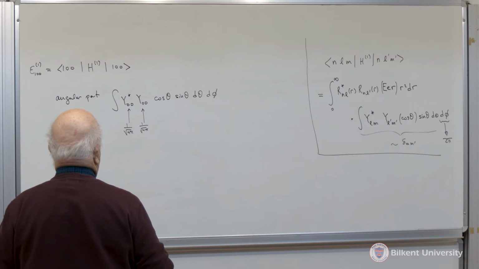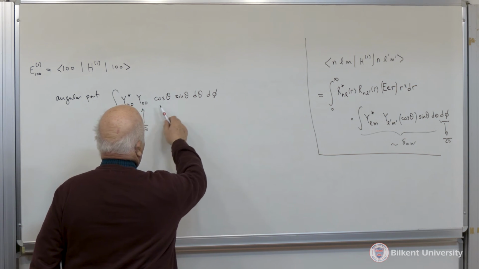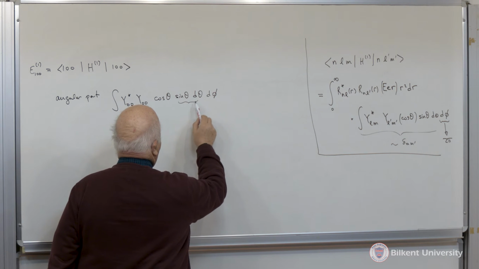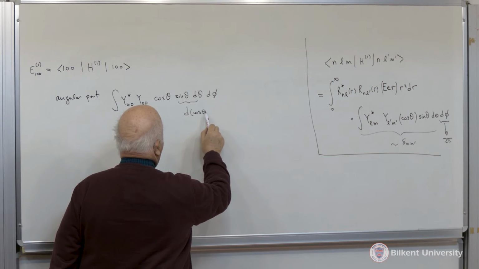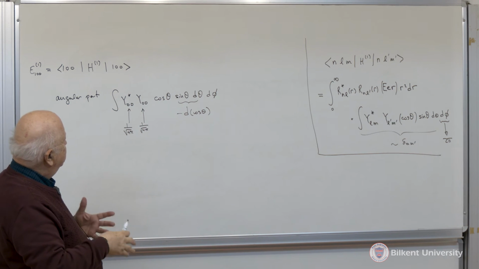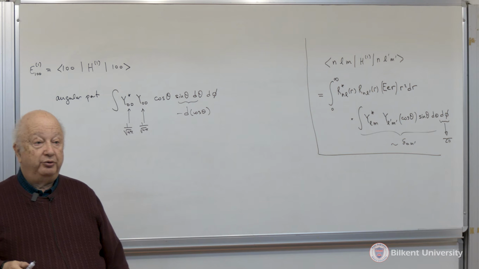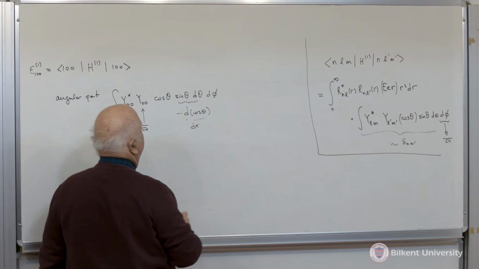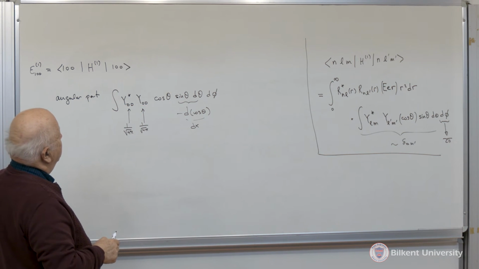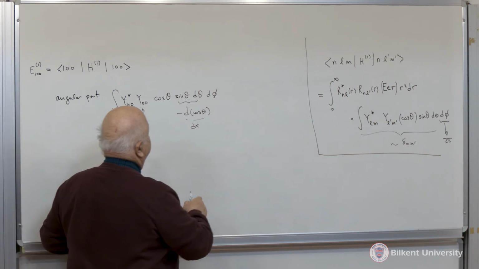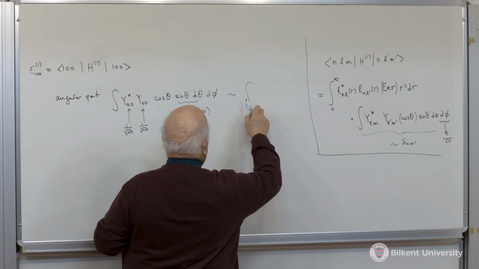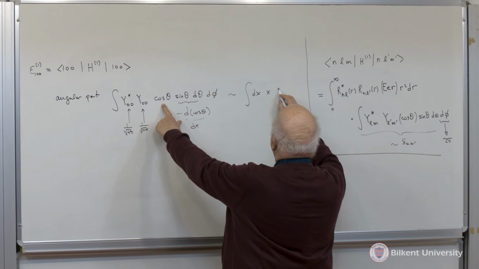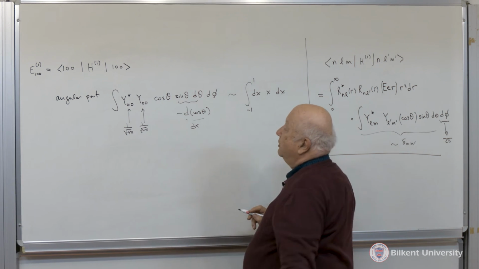So looking at the theta integral, I have a sine theta d theta here, which I can take as d cosine theta, with a minus sign. Remember that this theta integral can be transformed into a dx integral, where the new variable is cosine theta, so you can write this integral as proportional to the dx integral of x dx from minus 1 to 1.